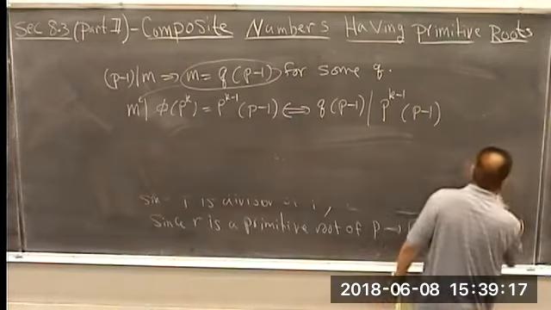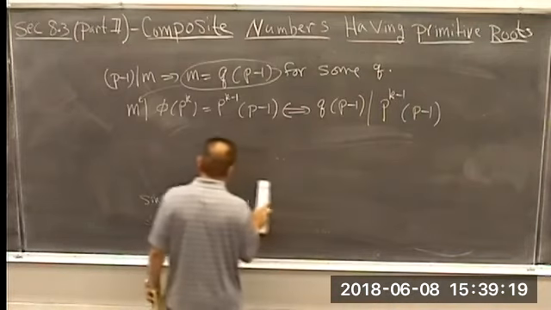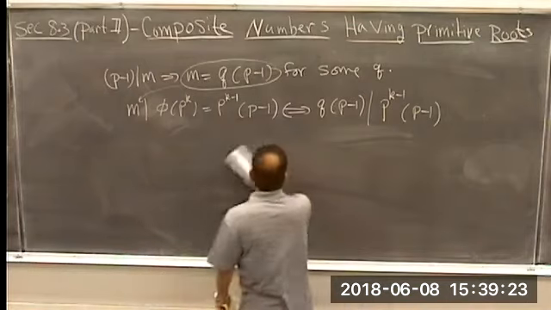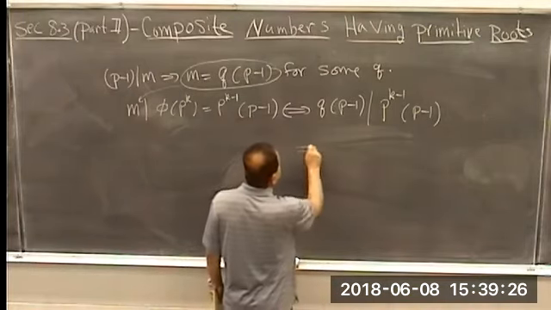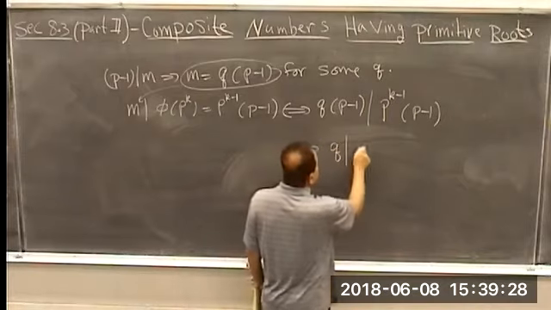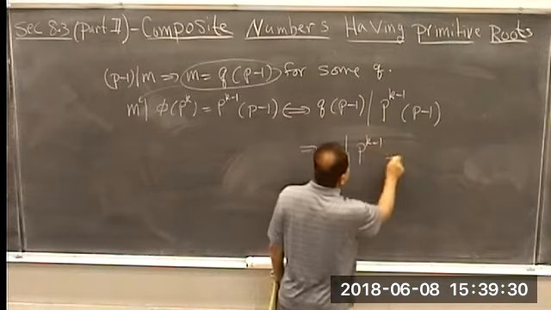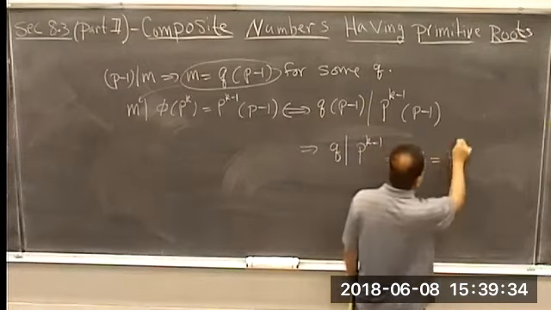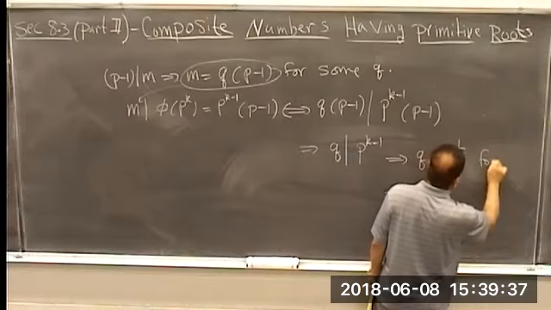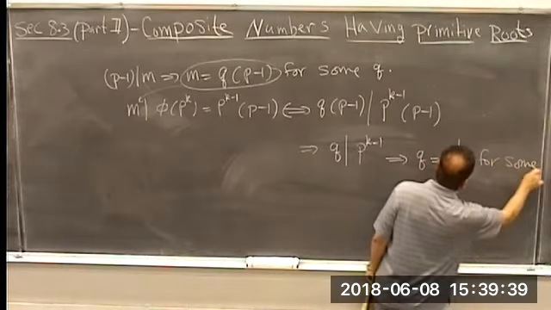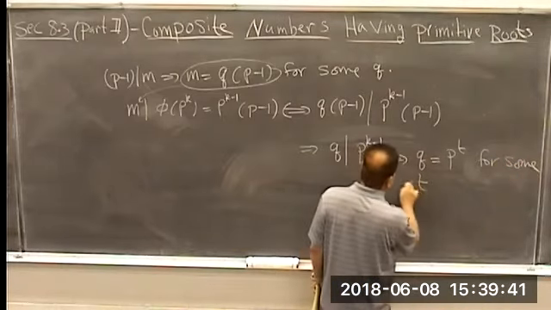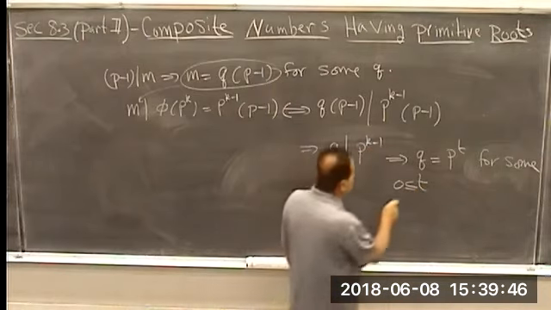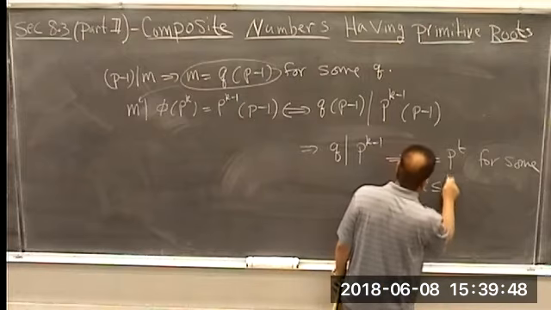Canceling out p minus 1, this implies q divides p to the k minus 1. And this makes q equal to p to the t for some exponent t, which could be as low as 0, and the highest can be k minus 1.